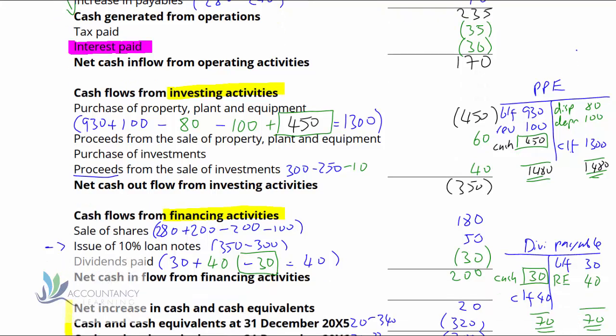Okay, now what we can do just to make sure that everything is okay is just make sure that the totals of our operating activities, investing activities and finance activities all come together to give us the overall net increase in cash and cash equivalents. So our 170, take away 350 and then add back 200 indeed gives us a positive 20.